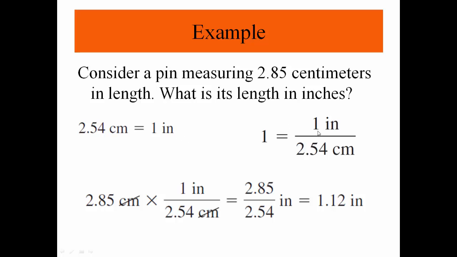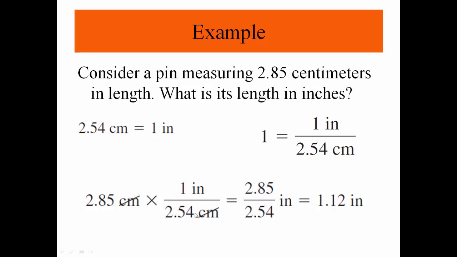When we divide 1 inch by 2.54 centimeters, it is equal to 1 because these two are exactly the same thing. So when we divide one by the other, we get 1. We can write it like that: 2.85 centimeters times 1 inch over 2.54 centimeters. The whole thing is equal to 1, but we can use it for unit conversion.